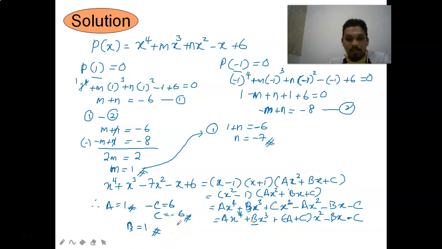Okay. So a equal to 1, b equal to 1, and c equal to negative 6.